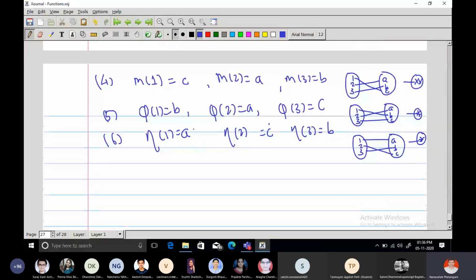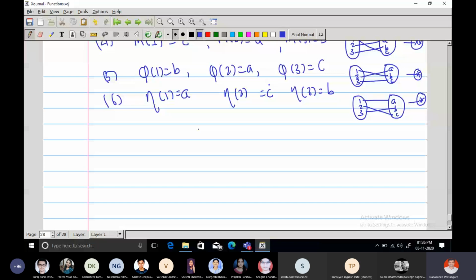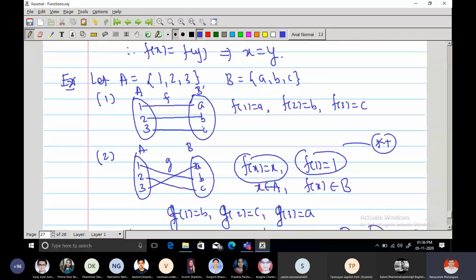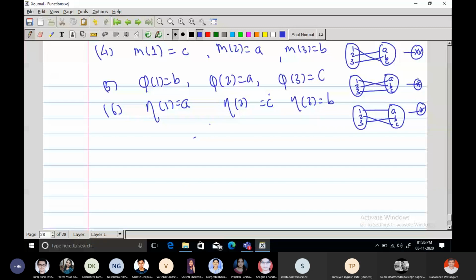Are these the only functions? 6 functions from A to B that are one-one, or anything else? No, these are the only ones. So how many one-one functions are there from a 3-element set to a 3-element set?